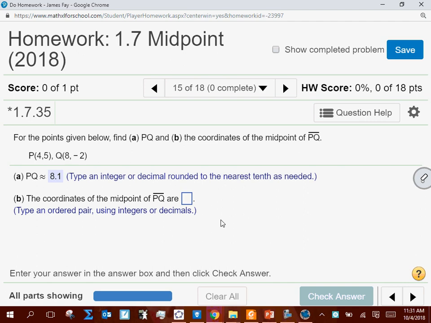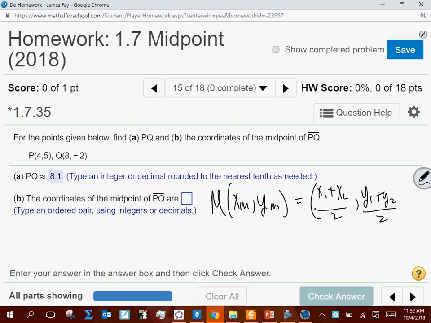Now the second part says the coordinates of the midpoint of segment PQ. If you remember yesterday, the midpoint formula: M is (x sub m, y sub m), which equals ((x1 plus x2) over 2, (y1 plus y2) over 2). Hopefully when you're doing these things, you've got these formulas in front of you.